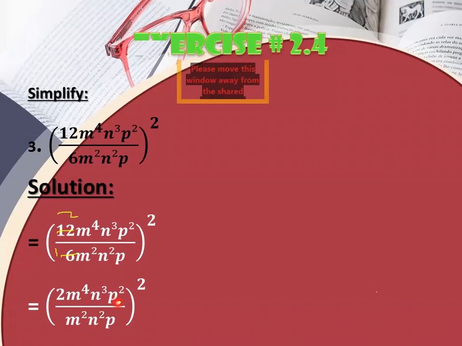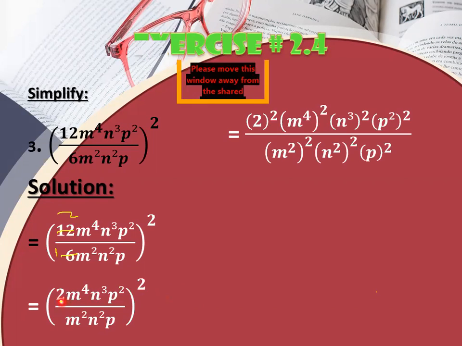After that, as you can see, nothing can be further reduced here. So you will give the power 2 to each number, just like this. This is your denominator, and this is your numerator.